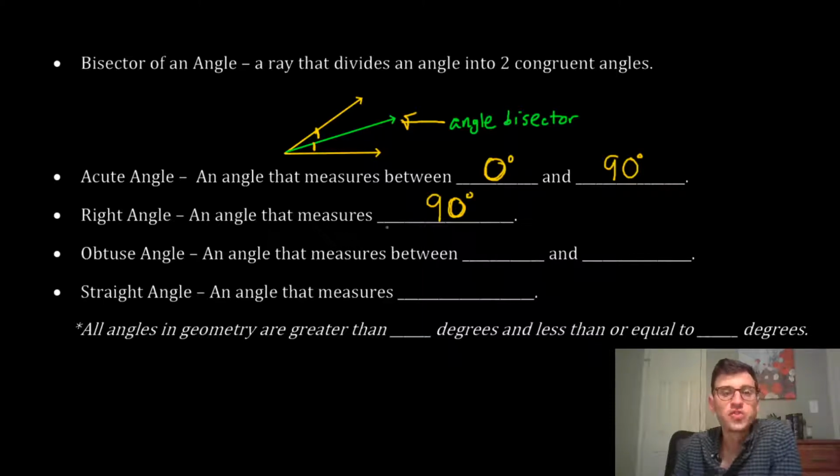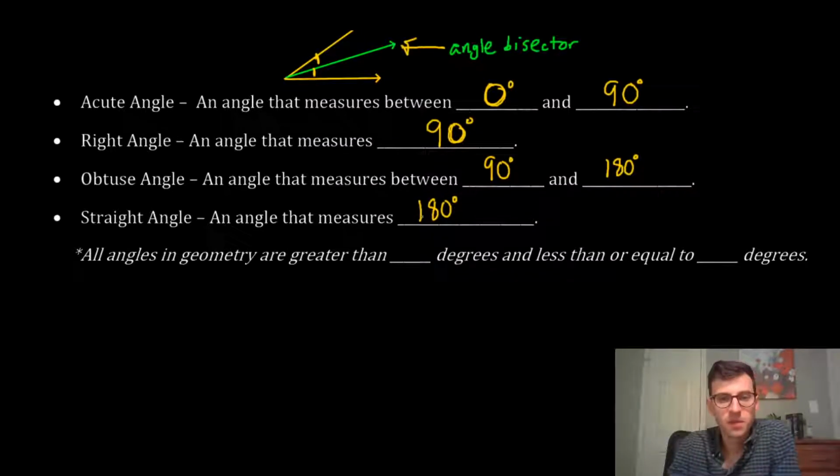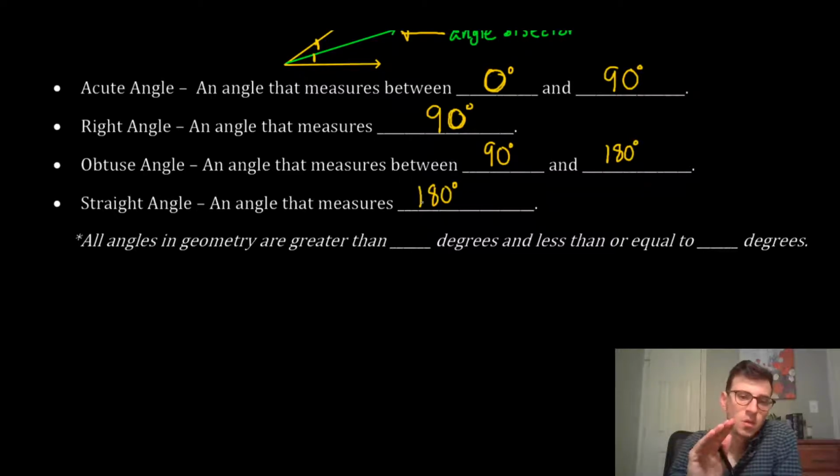An obtuse angle measures between 90 degrees and 180 degrees. And a straight angle measures exactly 180 degrees. Now, in geometry, when we talk about angles, we are talking about angles that are greater than 0 degrees and less than or equal to 180 degrees.